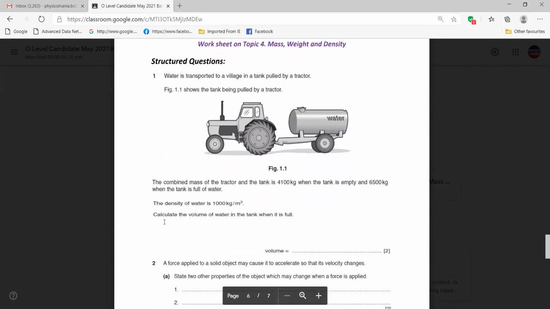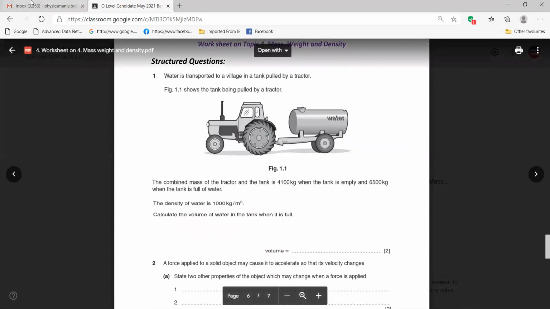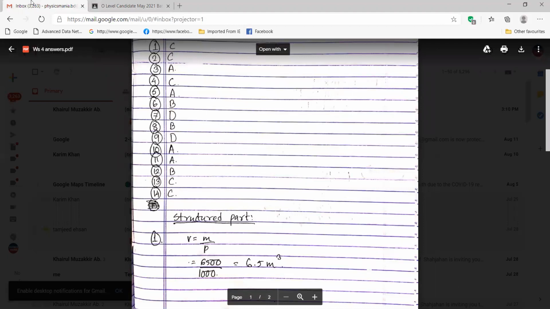Here, calculate the volume of water in the tank when it is full. So this one you got 6.5. How did you get 6.5?